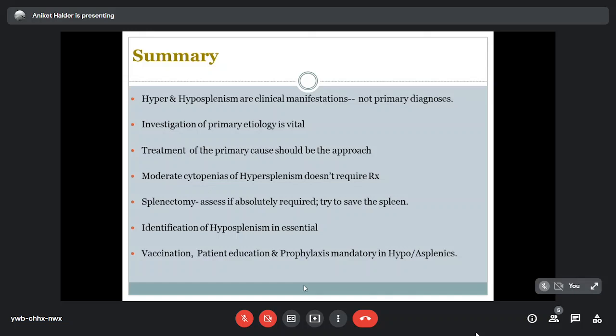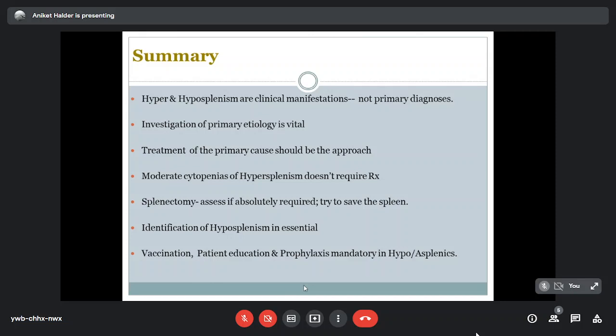Our aim always should be to try to save the spleen as far as possible. Splenectomy can be done if there is massive splenomegaly or if there is worsening cytopenias not responding to therapies. And splenectomy should only be done if it's absolutely required.